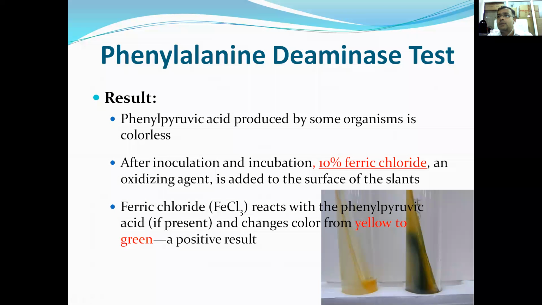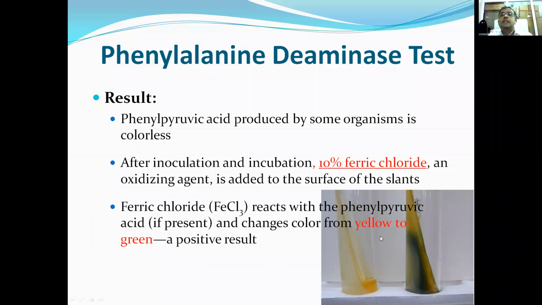So this is different from the previous tests, where the end product is colorless and we cannot observe it, so we need to add some oxidizing agent so that we can easily observe these changes.